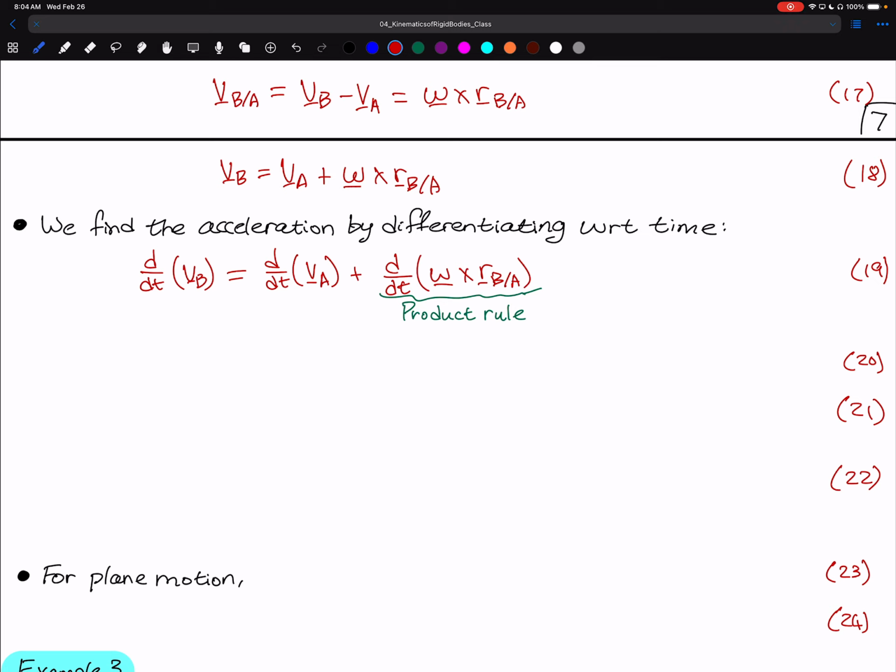Okay, so in this case, we'll find that the acceleration at point B is equal to the acceleration of point A plus omega dot crossed with r_B/A plus omega crossed with r_B/A dot.